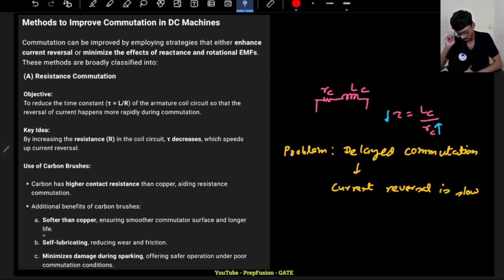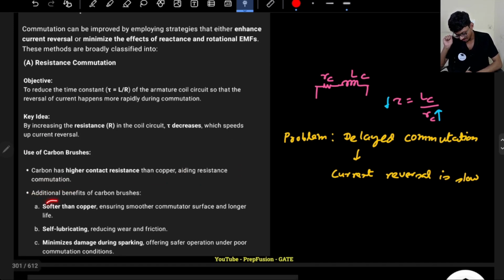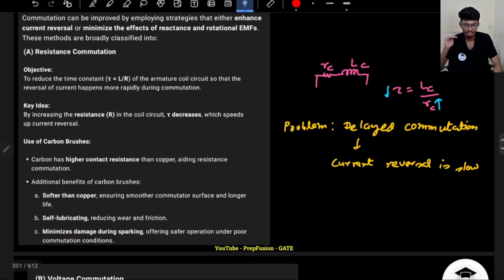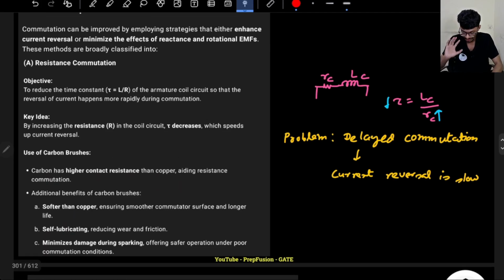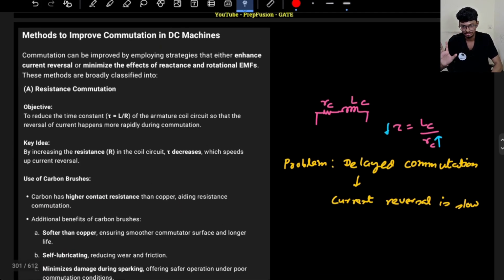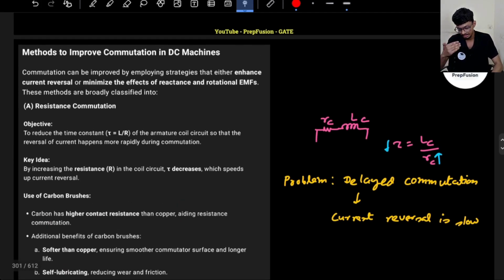Additional benefits of carbon brushes: they are softer than copper, self lubricating, and they minimize damage during sparking. So this is how we can use resistance commutation to further improve our delayed commutation.